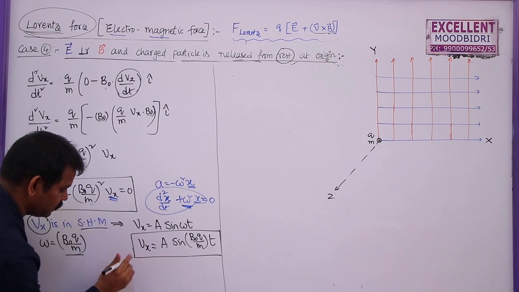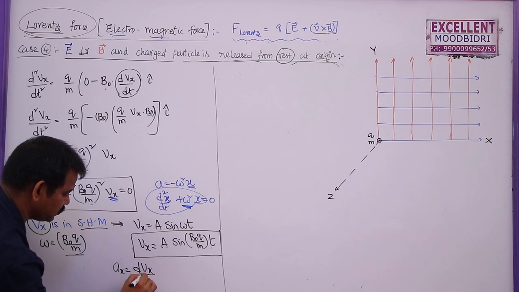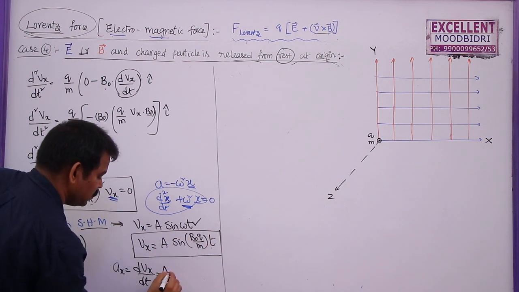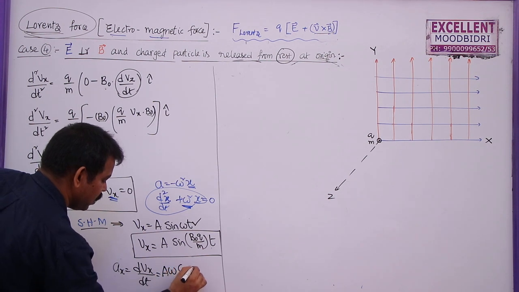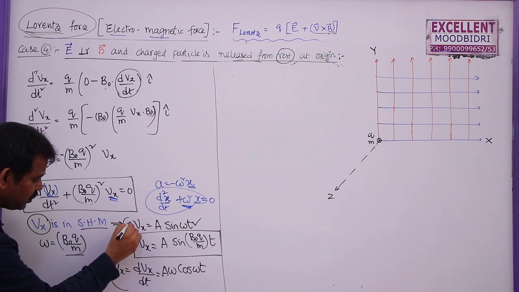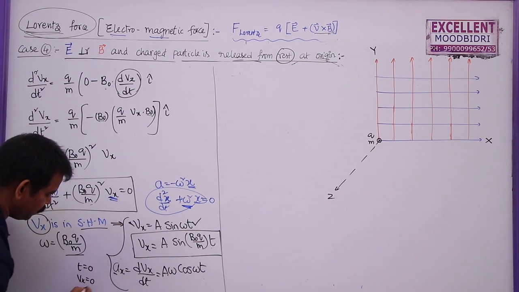Then ax is given by dvx by dt, which is a omega cos omega t. Now, in both cases, if t is equal to 0, vx is equal to 0, and ax will be a omega.